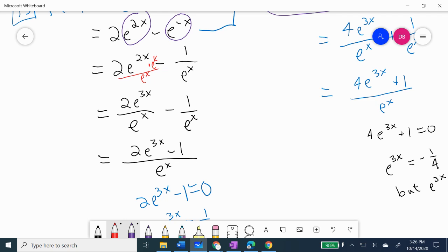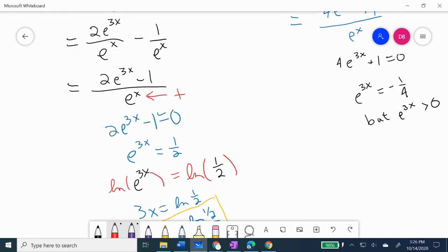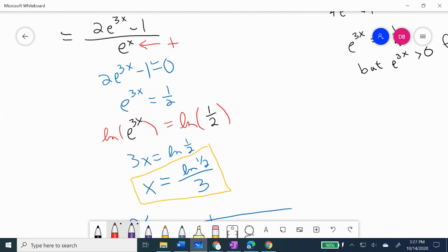The thing about e to the x is it's never equal to 0. So the denominator is positive at all times. So I set the numerator equal to 0, and I added 1 divided by 2. And then to undo e to the power of, I need to bring in its inverse function, which is natural log, understood to be log base e.